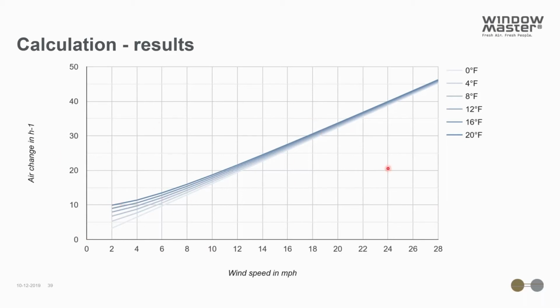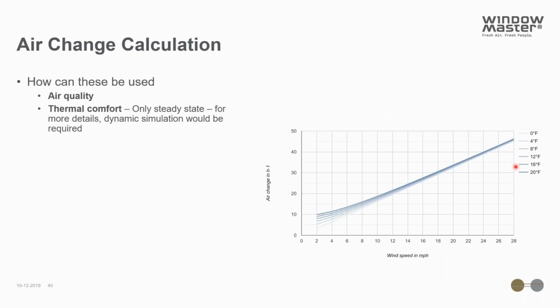The different lines indicate the temperature difference between indoor and outdoor. So 20 degrees Fahrenheit is of course when it's colder outside and you have the large temperature difference. This can be used in a simple way to initially estimate in the design the air change needed to regulate the air quality. That's a pretty simple calculation.